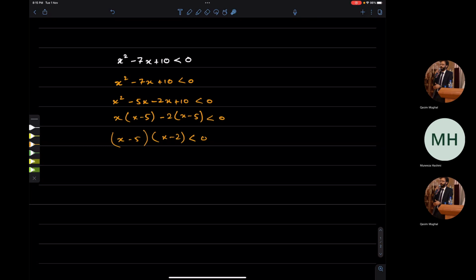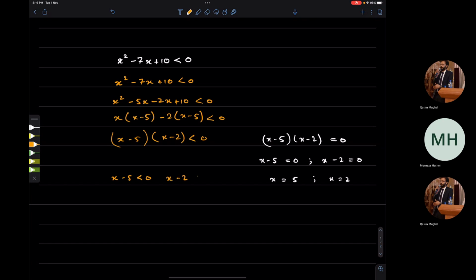Now, the reason I'm introducing the associated equation over here is that if it was an equation, after that step you apply the zero product property and say either x minus 5 equals 0 or x minus 2 equals 0, and from here you get the solution of the quadratic equation. But if you do the same here, x minus 5 less than 0 and x minus 2 less than 0, that would be wrong. Okay?